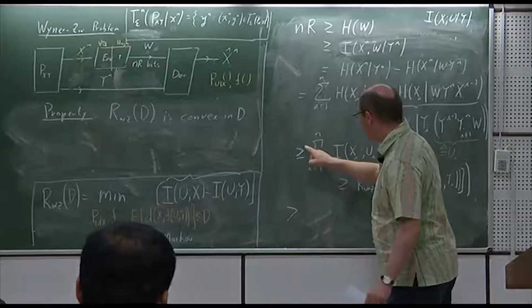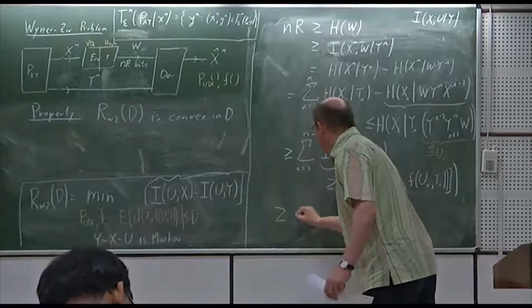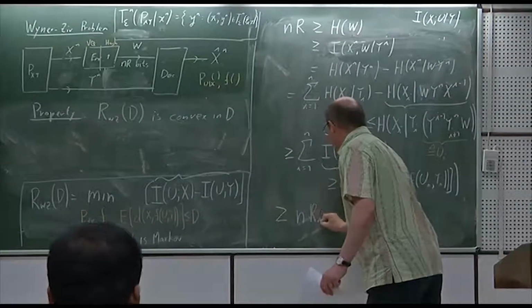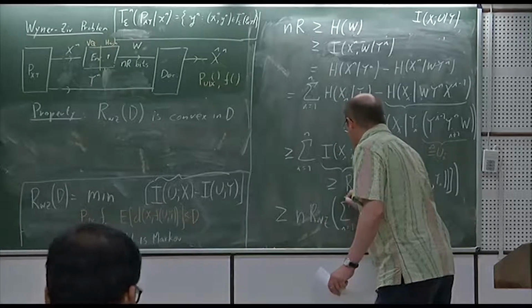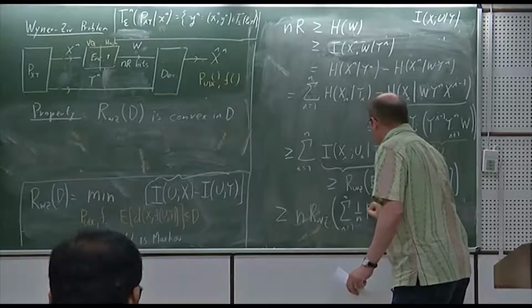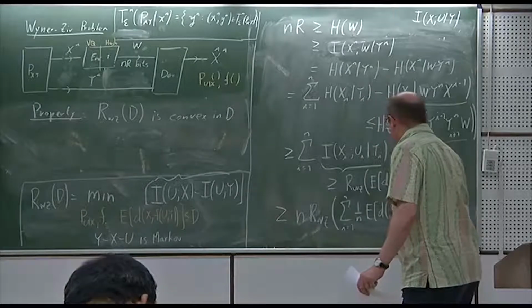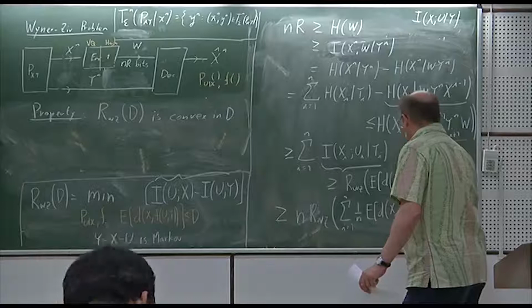Because it's convex in D, I can write this as, multiply by n, divide by n. We'll get this. That's what I'm looking for.